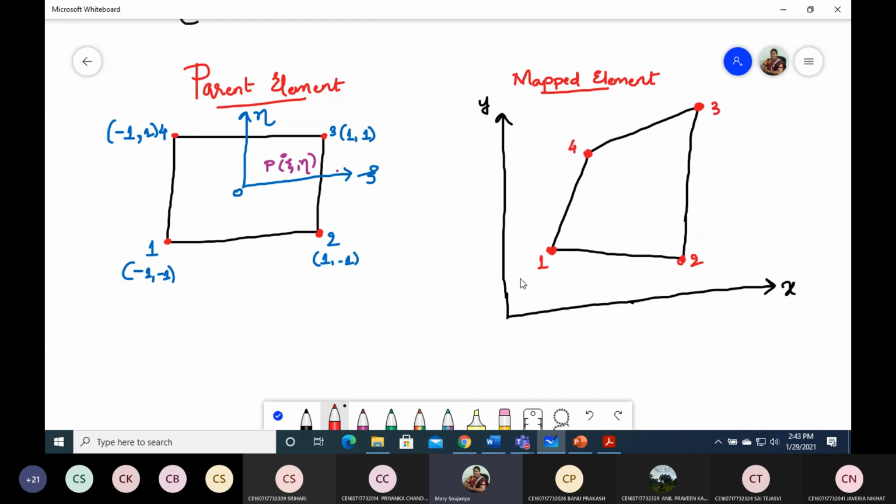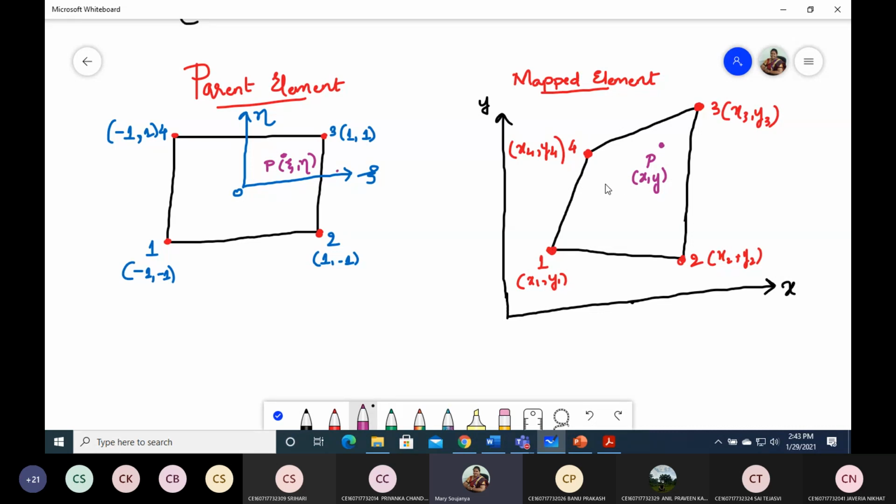But the global Cartesian system has x1, y1, x2, y2, x3, y3, x4, y4, and the point still remains the same, that is P, but the coordinate system is different, so P of point x comma y.